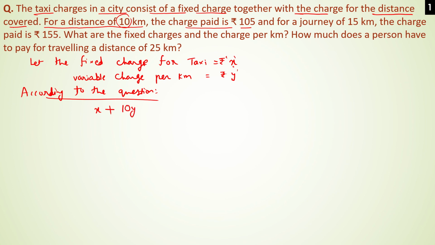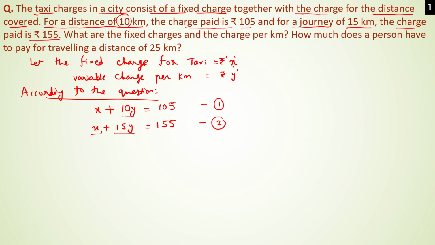So variable charge for 10 kilometers will be 10y and the total charge is 105 rupees. So this is the first equation. And further it says in the second situation, for a journey of 15 kilometers, the charge paid is rupees 155. So according to this, the fixed charge is x and variable charge will become 15 times y and total amount paid is 155.